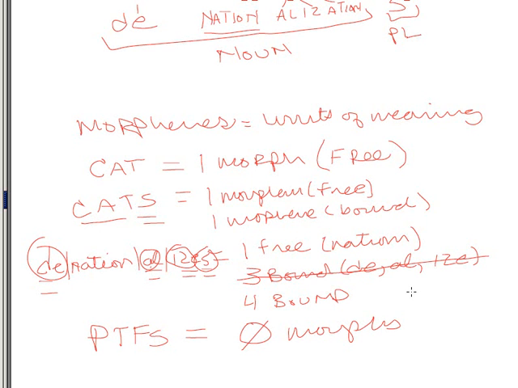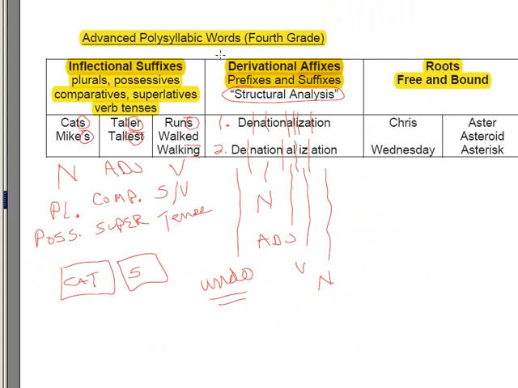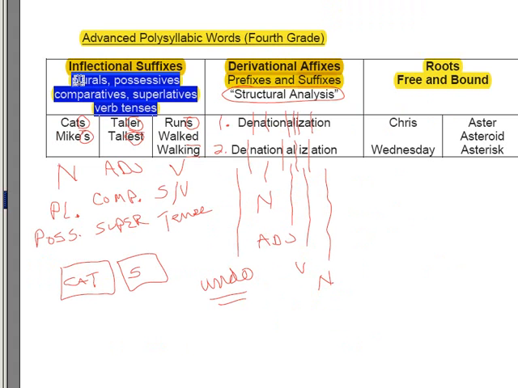Okay, so to sum up then, there are different varieties of affixes. Some affixes are derivational in nature, and others happen to be inflectional in nature. The way that you tell the difference then, one way, is just look at the type of suffix it is. If it's making a plural or a possessive, comparative, superlative, or a verb tense, then it's inflectional.